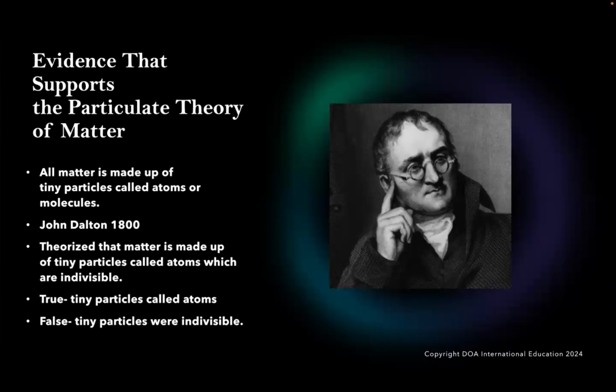All matter was made up of tiny particles called atoms or molecules, but they also found additional information to conclude that the tiny particles called atoms were not indivisible, right? They could be broken down into protons, neutrons, and electrons. Later on, if you decide to do cave chemistry, you'll learn more about the major scientists in chemistry.